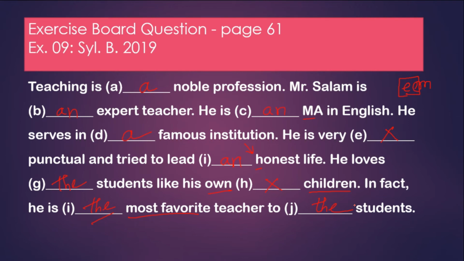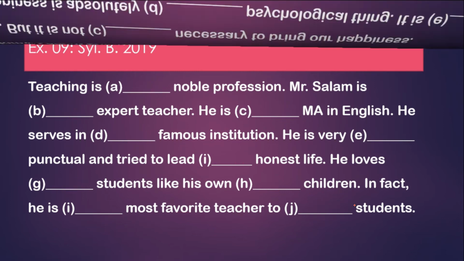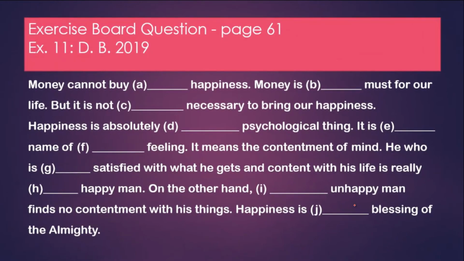Dhaka Board 2019. Dear students, we will do another exercise. It is Dhaka Board 2019 and you will find this in the same page, that is 61. Money cannot buy happiness. And why we did not use an article here, it is because this is an abstract noun.